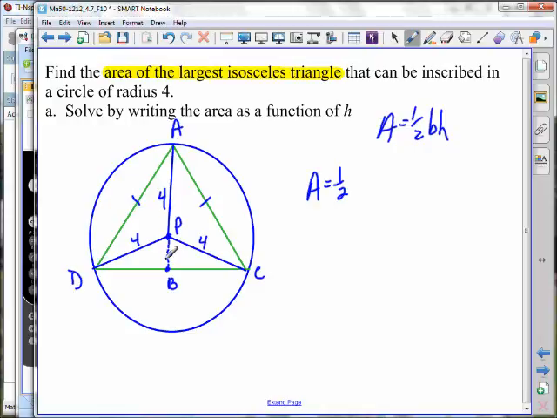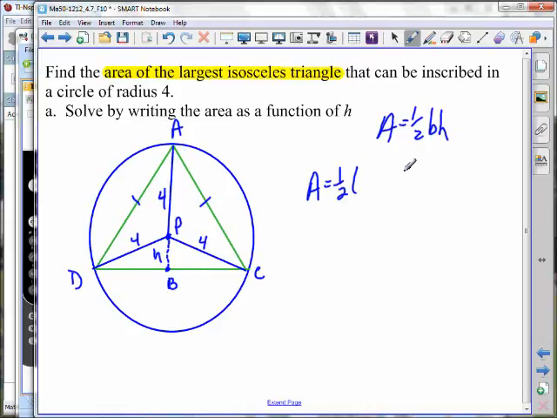So what I actually have on mine, and I think I'm going on what you said also, I made H be that little extension down here. But when I'm talking about the height of this big triangle, so the area of ABC, my height is going to be 4 plus H. Okay. Now, what about the base?